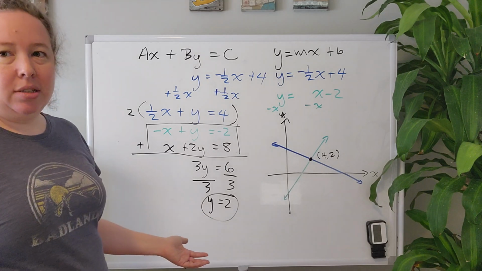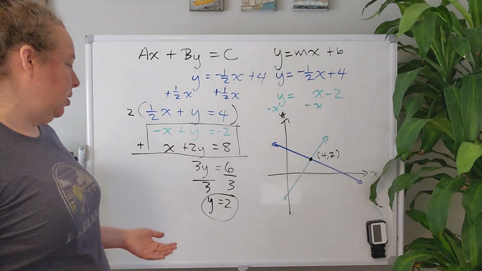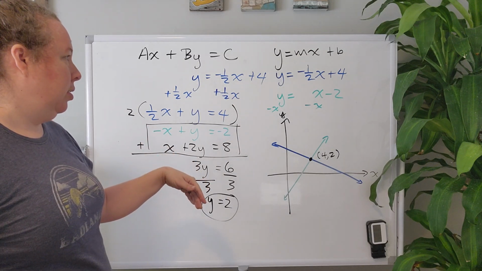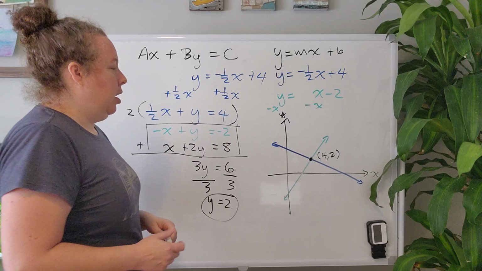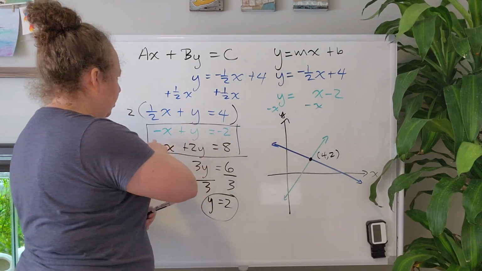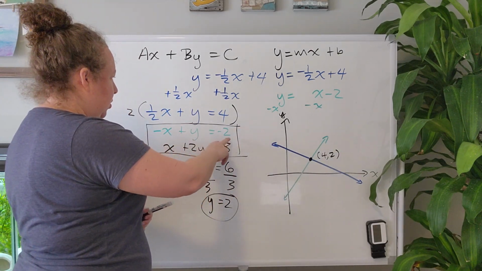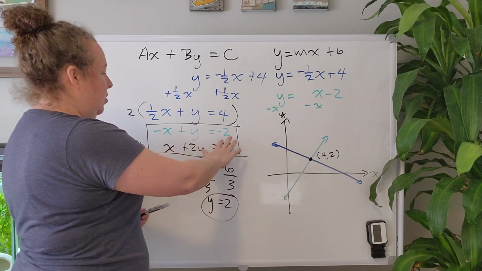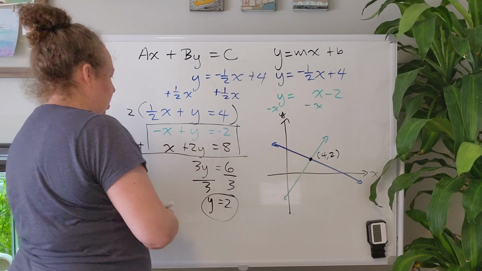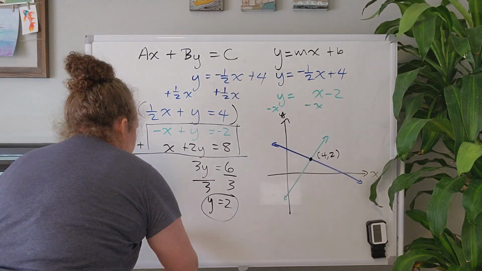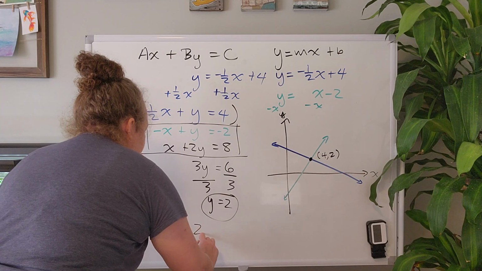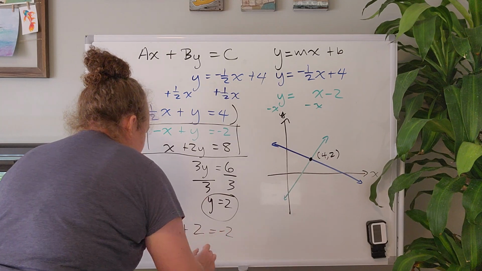Okay, we found y is equal to 2. How do we find x? Well, in this case, we can just plug the y back into one of the equations. I like using the most straightforward one, the one that doesn't have any fractions or anything like that. So I'm going to do -x plus 2 is equal to -2.